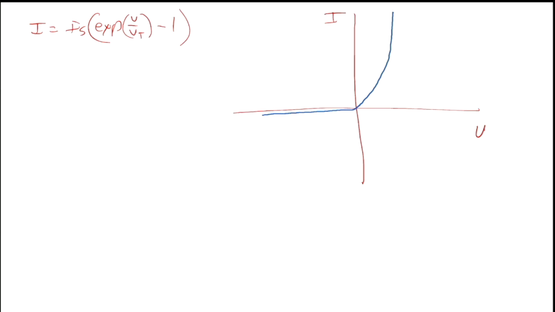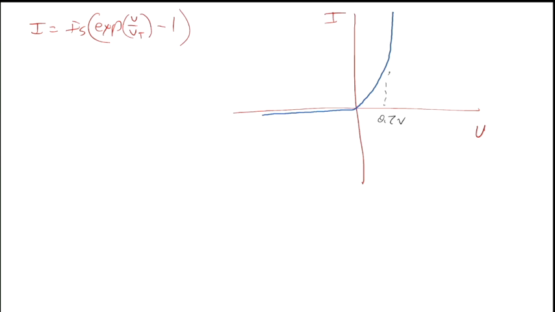It shoots up exponentially. The current just increases stunningly quickly with voltage. And often this is about 0.7 volts. So that number will come back and you'll see it a lot. It's often around 0.7 volts for a silicon diode.